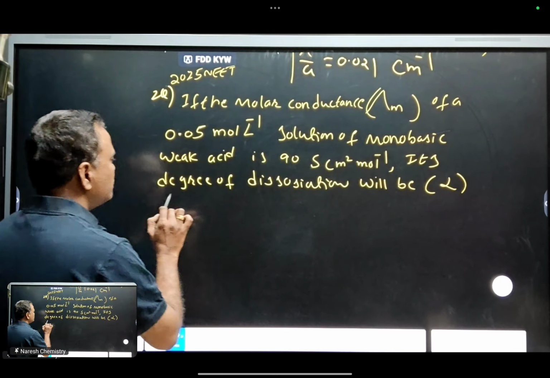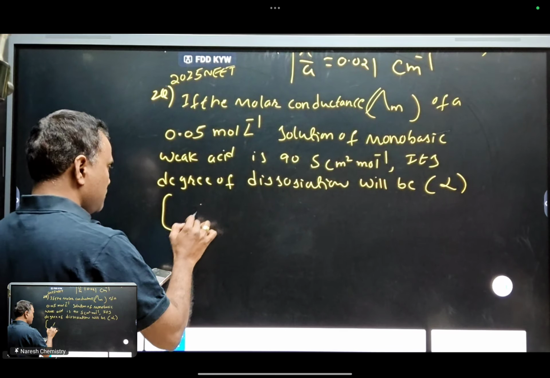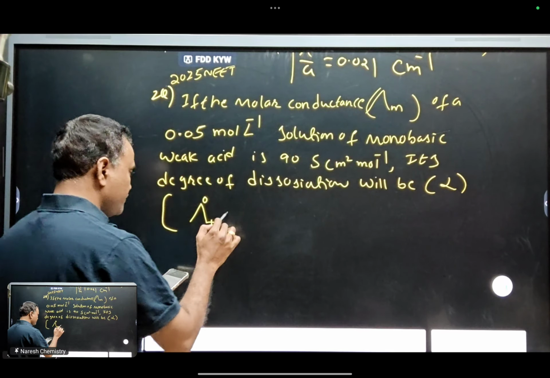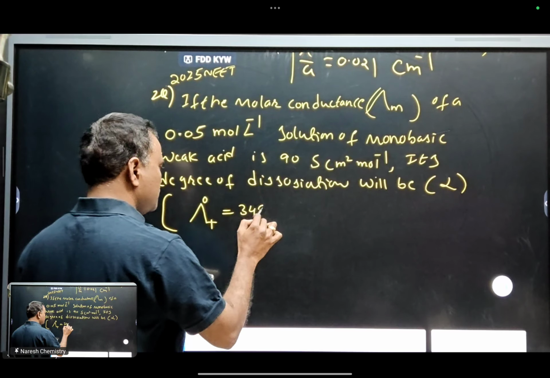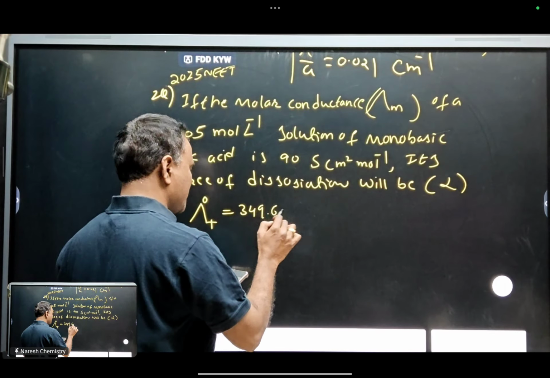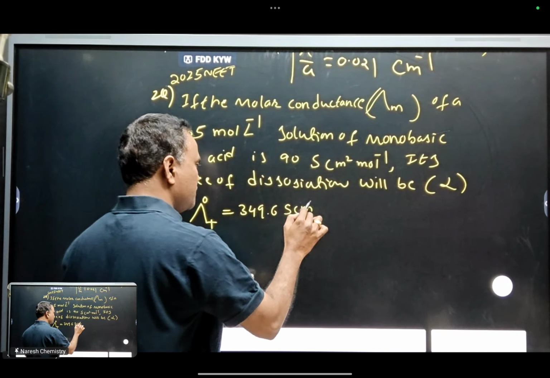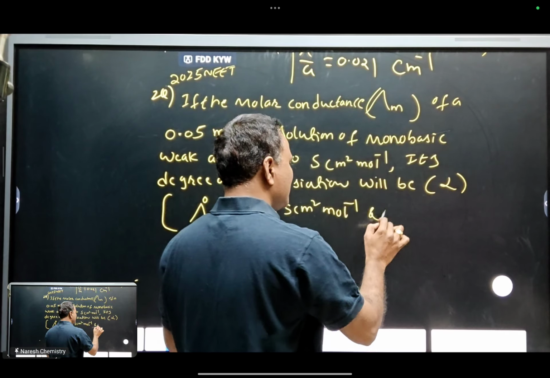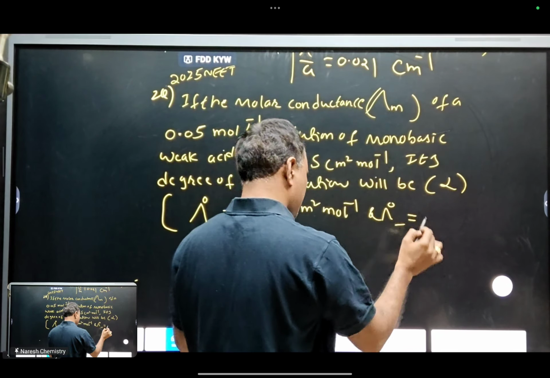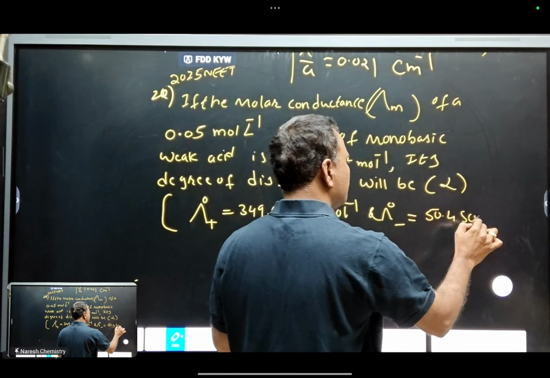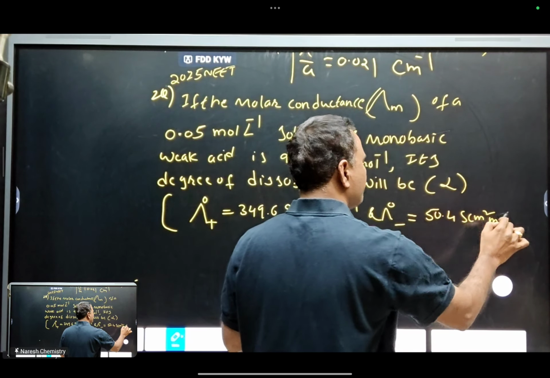And one more data is given to you: cation conductance is 349.6 Siemens centimeter square mole inverse and anion conductance is 50.4 Siemens centimeter square mole inverse. This is a last year question, easy but a bit lengthy.